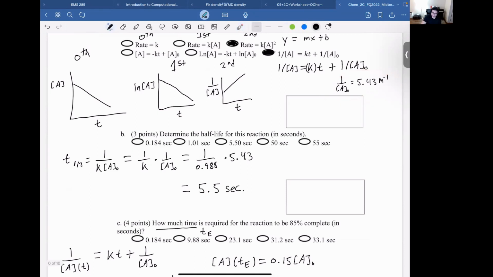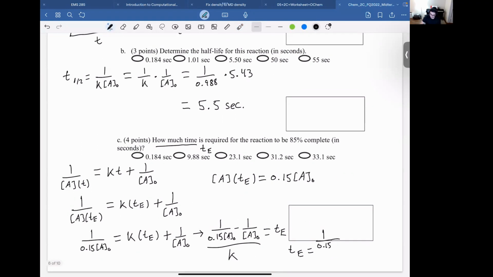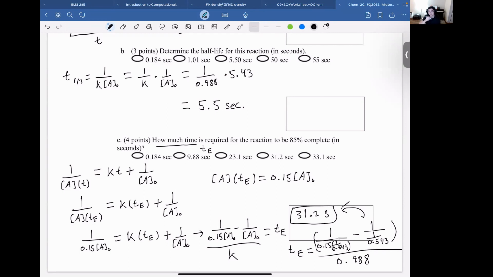So A naught is 1 over 5.43, 0.543, minus 1 over 0.543, divided by K, which is 0.988. And then apparently you get 31.2 seconds when you plug this in.